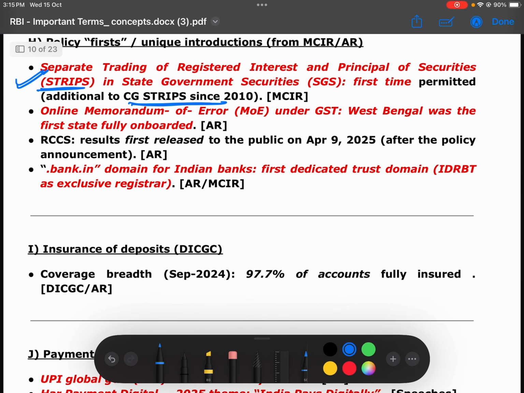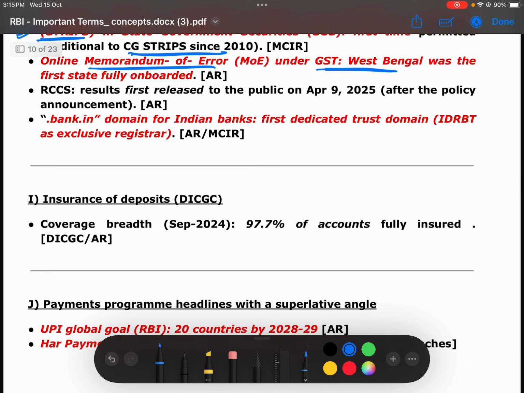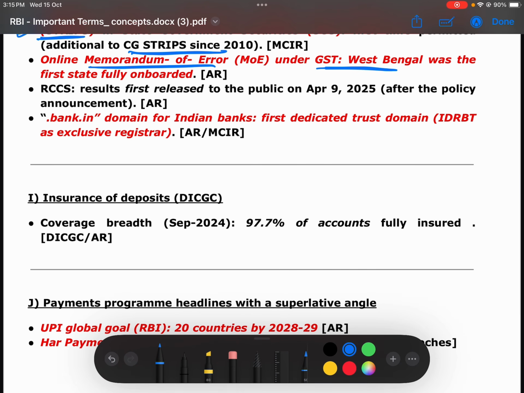Then under GST, West Bengal was the first state fully onboarded in case of online memorandum of error. And one important thing is the dot bank dot in domain.